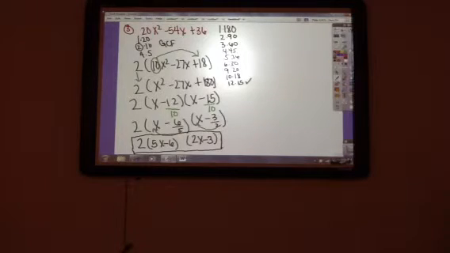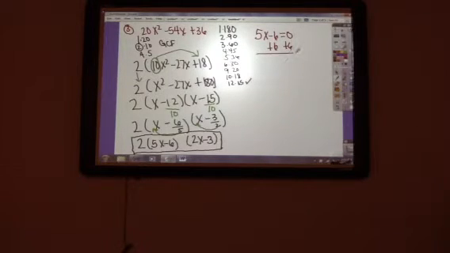However, if your problem asks you to solve, which means to get your x-intercepts, you have to take each of your factors that actually contain a variable. The 2 doesn't have the variable x, so you don't set it equal to 0. But these two factors, 5x minus 6 and 2x minus 3, you have to set those equal to 0 and use algebra to simplify and solve for x.